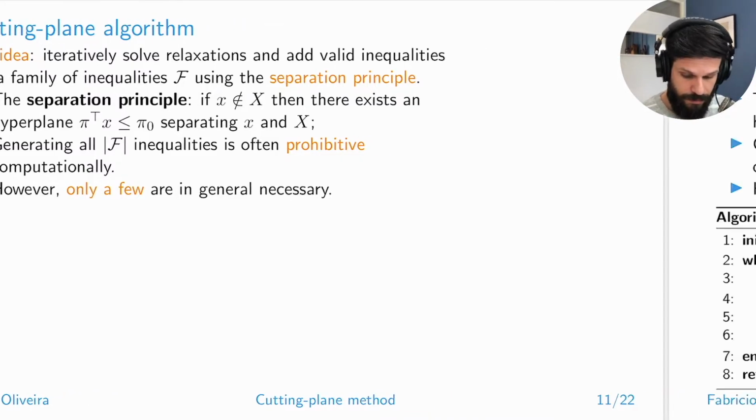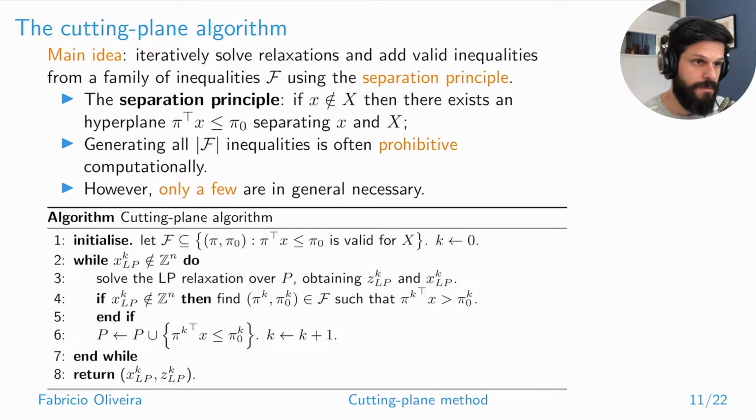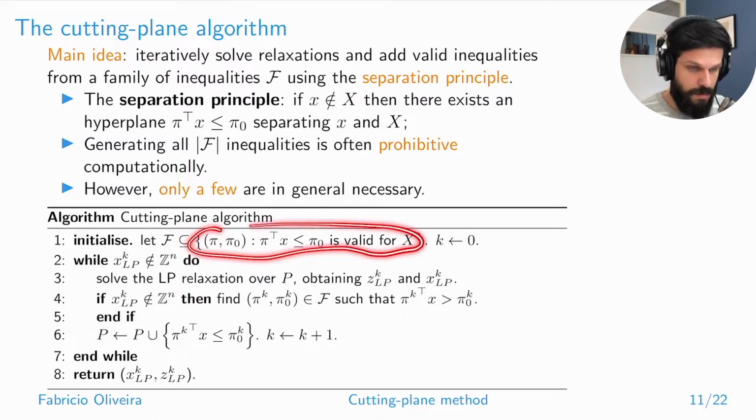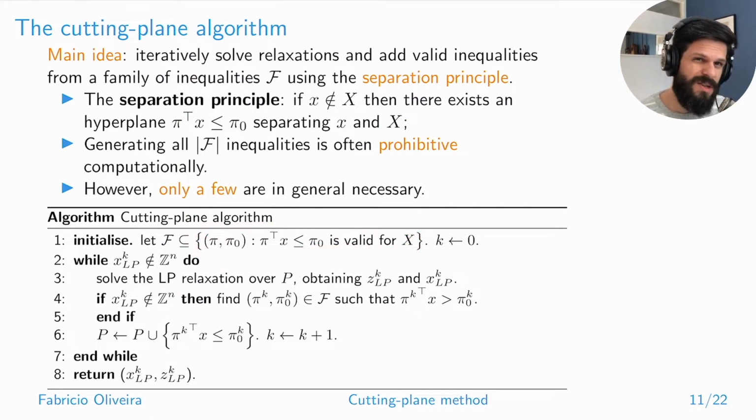And the method can be expressed by pseudocode just like so. So you initialize, you find a family of valid inequalities, which will be the collection of those. Typically it's not possible to define it explicitly, but only implicitly, by this notion of being given a solution.